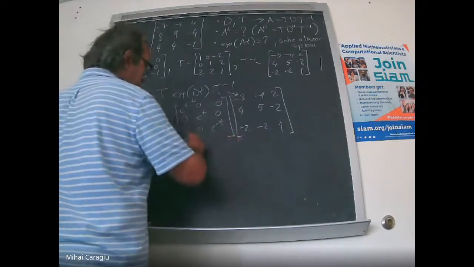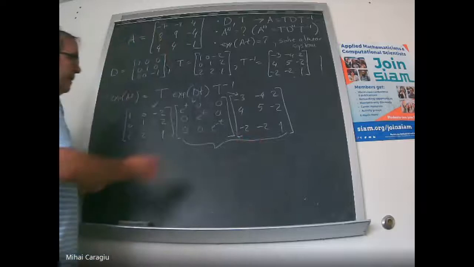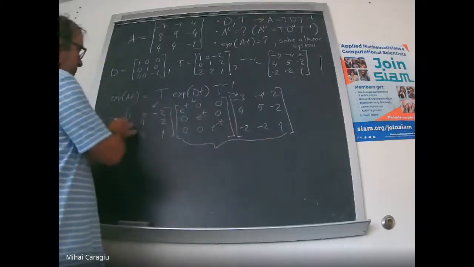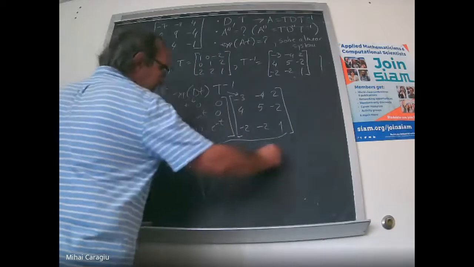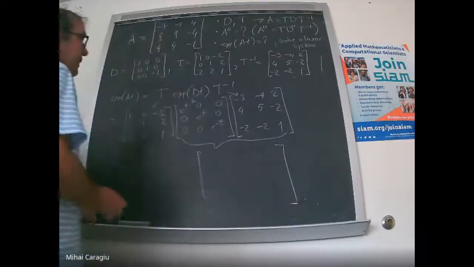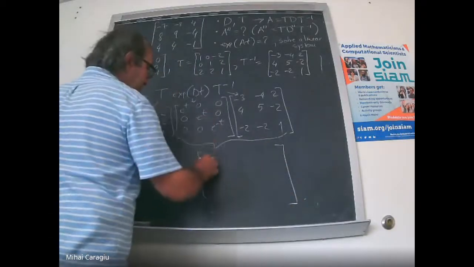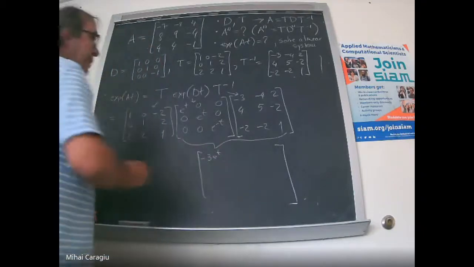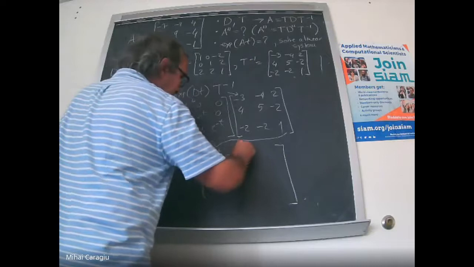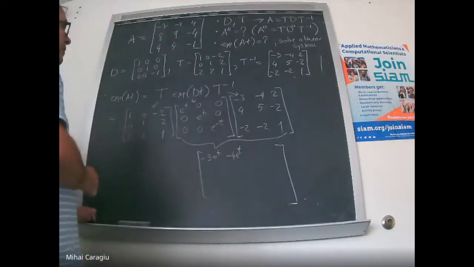As before, let's calculate the product of these two and then multiply the resulting matrix on the left by T. So this one will be first row: minus 3 e to the power t, minus 4 e to the power t, 2 e to the power t.